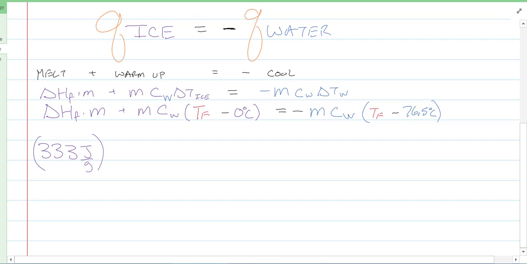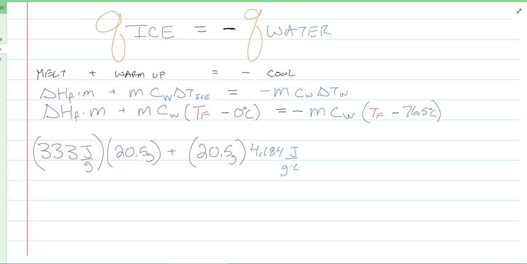And we had 20.5 grams of ice, plus 20.5 grams of ice, specific heat of water of 4.184 joules per gram degrees Celsius, and then TF, because TF minus 0 is just TF, equals negative 70, the mass of water was 128 grams.